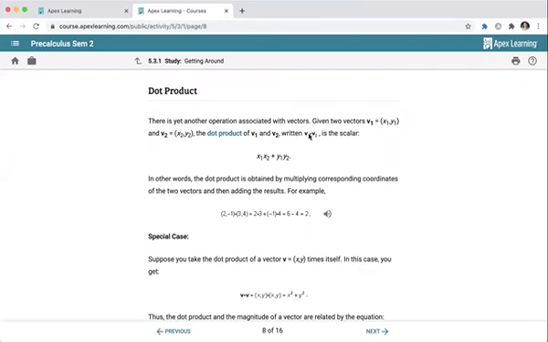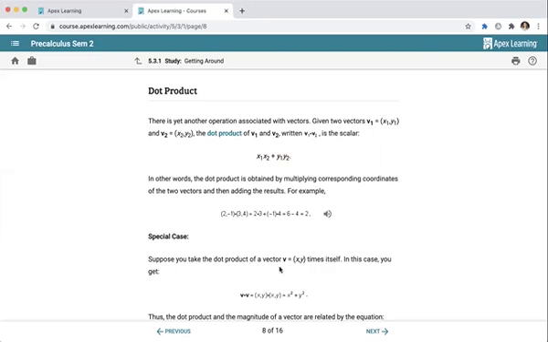Meaning the dot is a multiplication. So the equation for this is I take x1 times x2 plus y1 times y2. Our dot product is not written as an xy coordinate; it is only written as one answer.